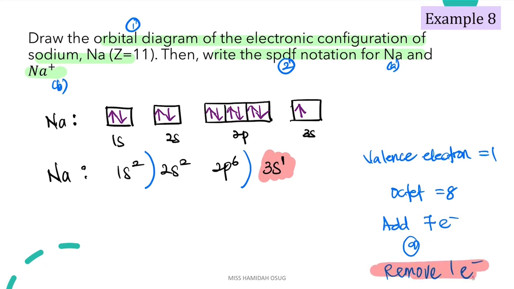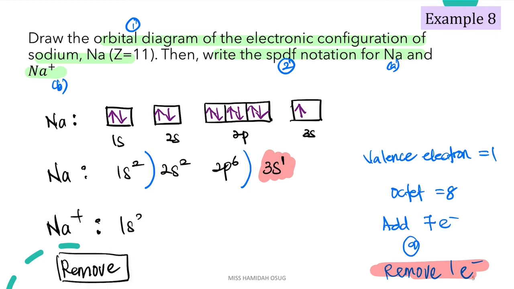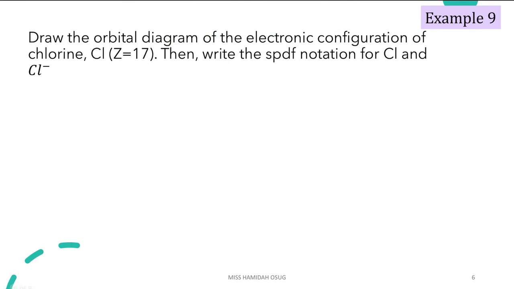So the electronic configuration for the sodium ion, okay, is equals to 1s2, 2s2, 2p6, yang mana kita remove 1 electron from the valence electron shell. Jadi bila kita remove, kita akan dapat positively charged ion.